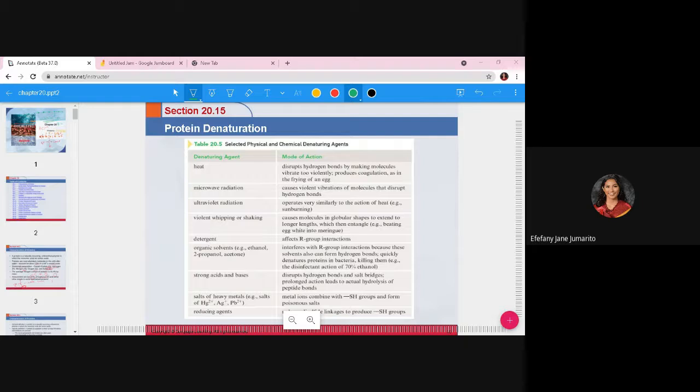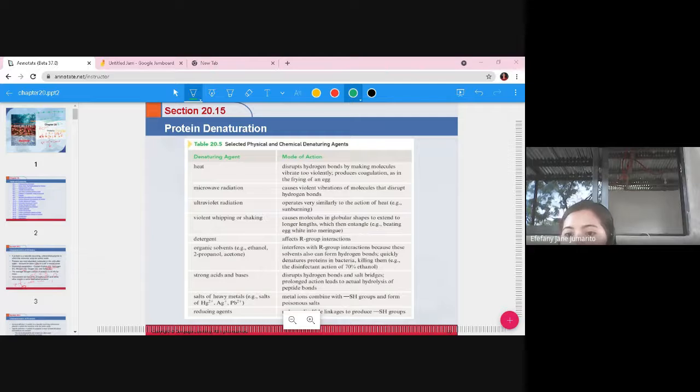Isomers can be calculated using n factorial. Again, the zwitterion is when two ions coexist, when the positive and the negative charge coexist.